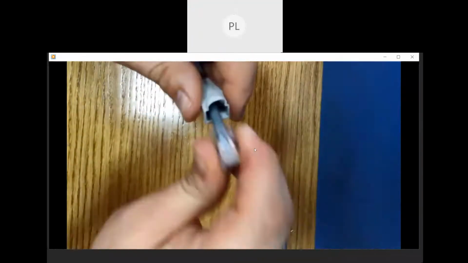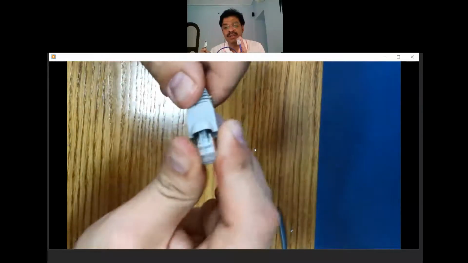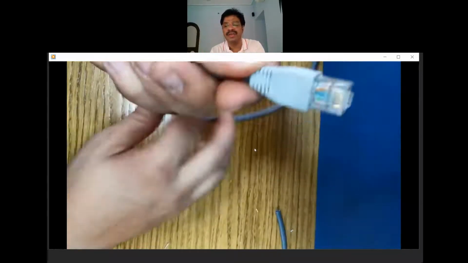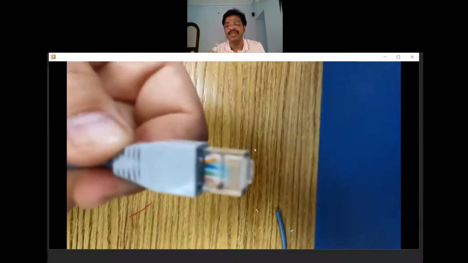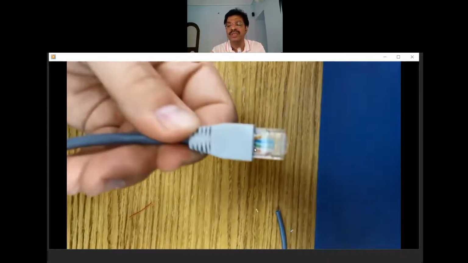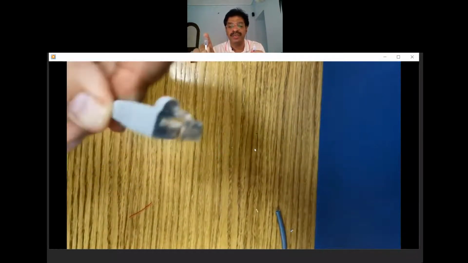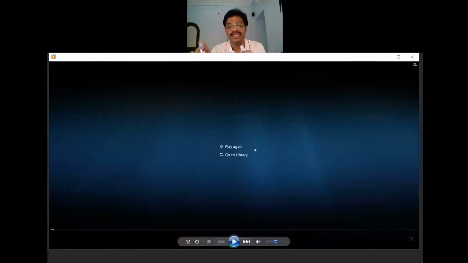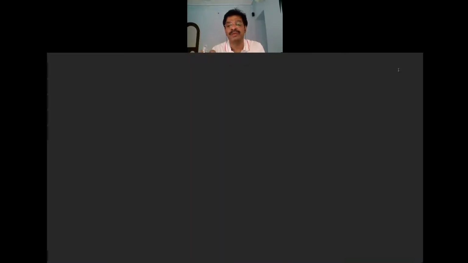Whenever one connects here, the white orange is connected to the third terminal of the other end and second to the sixth and vice versa, then it's a crossover type of cable. The straight cable can be utilized to connect your terminal to a switch.